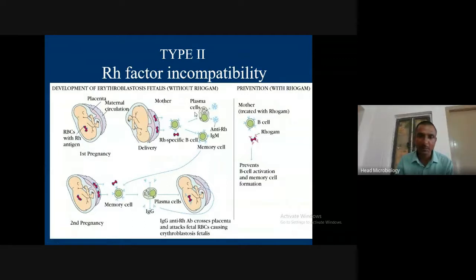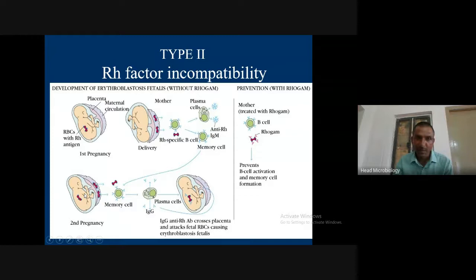The first baby as well as the mother are fine, but the Rh-specific B cells, the plasma cells making anti-Rh immunoglobulin M, as well as the memory cells are carried into the second pregnancy. These memory cells affect the baby.